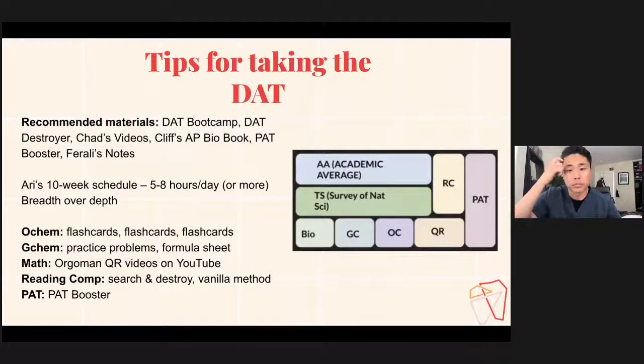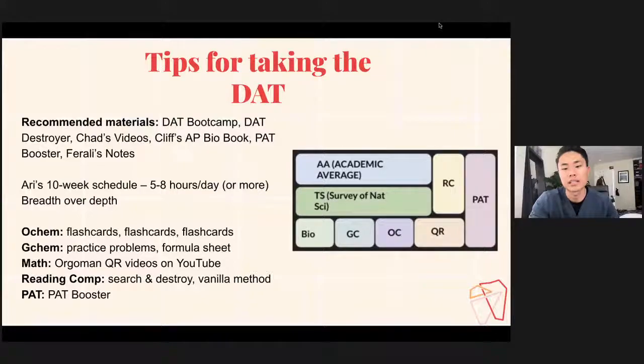So some tips for taking the DAT. If you don't know about the DAT, it's a sum of multiple sections. There is bio, general chemistry, organic chemistry, QR, which is math, reading comprehension, and PAT. I put a little image on the right so that you could know how the DAT is scored.